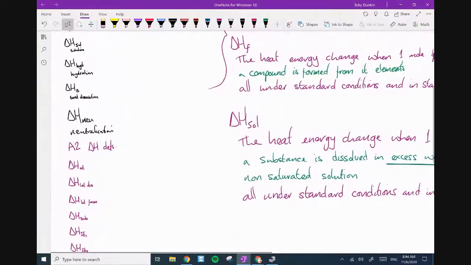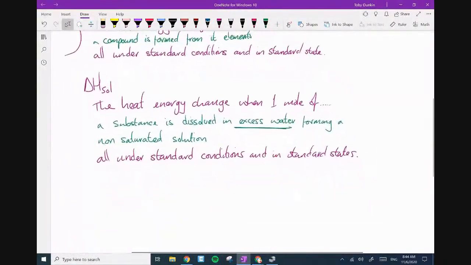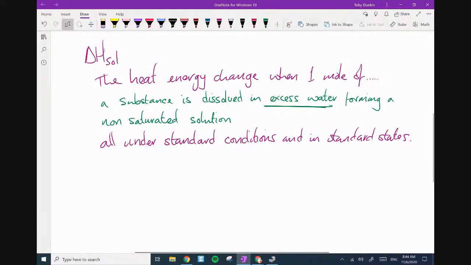Let's do the next one. Enthalpy of hydration. This is a tricky one.